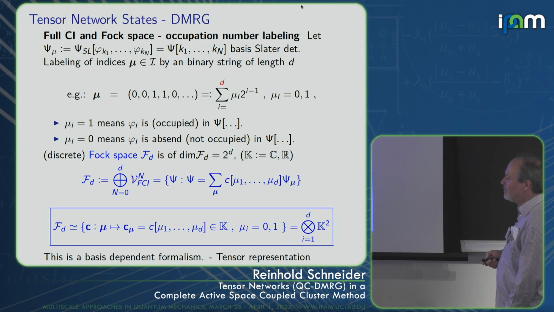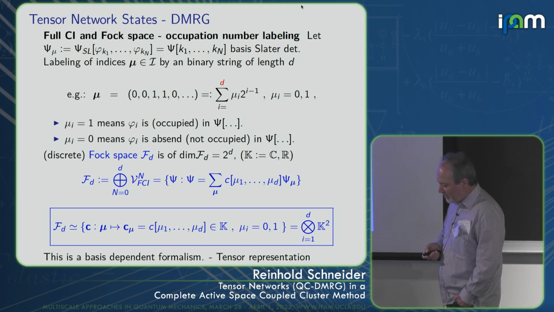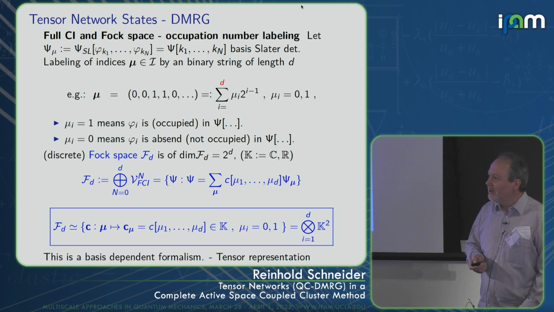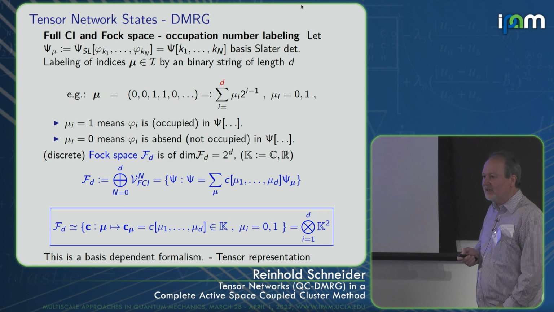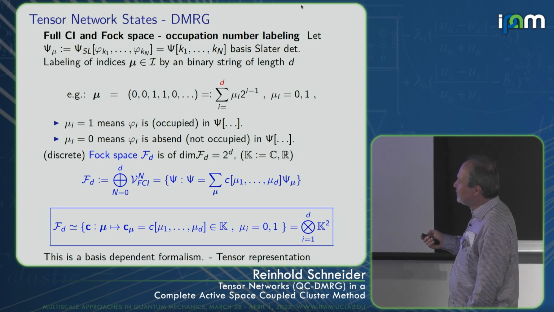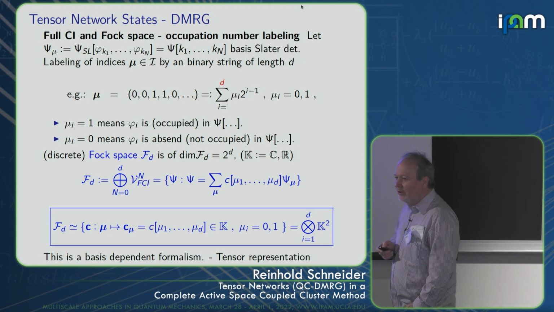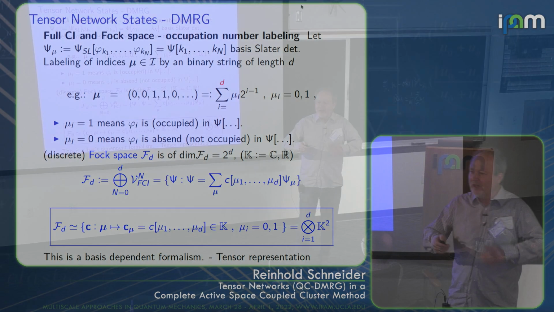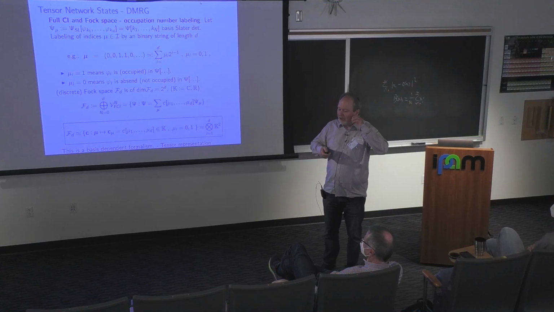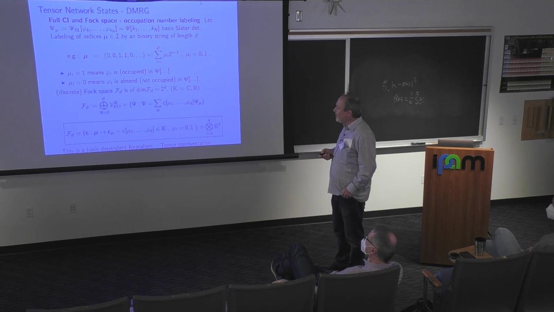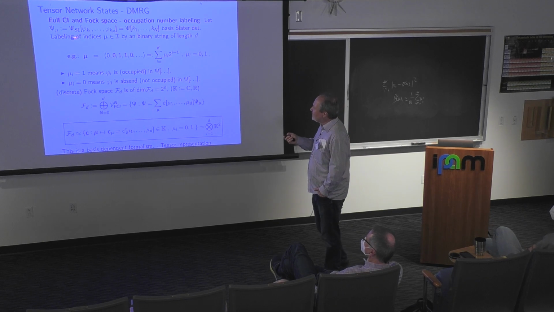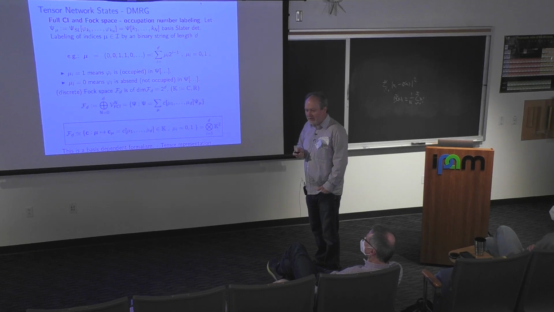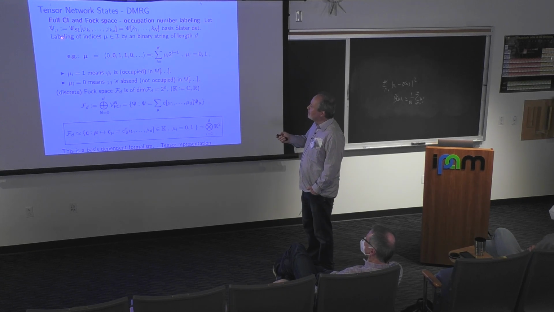As an approximation of full CI, we would like to consider what are called tensor network states. Now how do I come from this picture with its excitation amplitudes to the picture of tensors? You see that we have to incorporate the antisymmetry, and the point is very simple. We are coding our Slater determinants by an occupation number labeling.